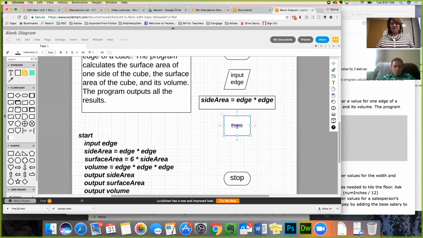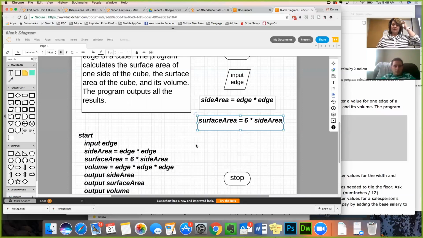All right, so this one goes second. Anybody have any questions so far? You can all do this now, right? Better with your trackpad than I do. All right, so one more. Volume equals edge times edge times edge. What shape? What'd you say?